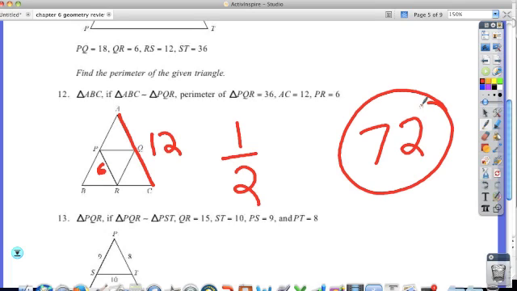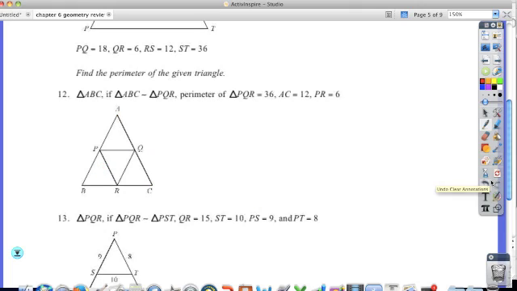Because it's how many dimensions? 2. Don't let that trip you up on your challenge problems. Hint, hint. Question on this one? Okay, he asked how I got 72. The perimeter of PQR is 36. What's 36 times 2? Same relationship.